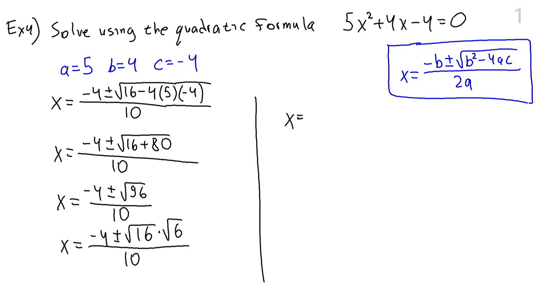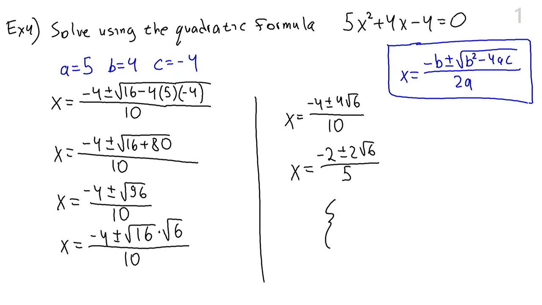So now we have minus 4 plus or minus 4 radical 6 divided by 10, and we can factor out a 2 from the numerator and denominator and get our final answer to look like this. So the final two solutions are negative 2 minus 2 radical 6 over 5 and minus 2 plus 2 radical 6 over 5.